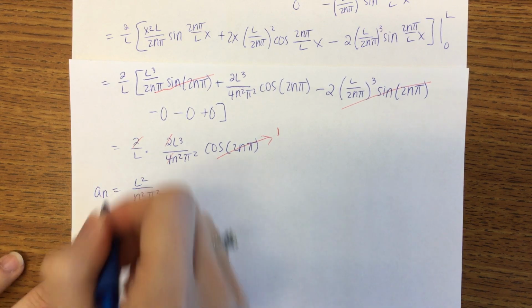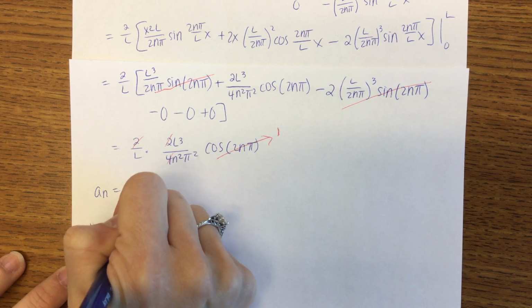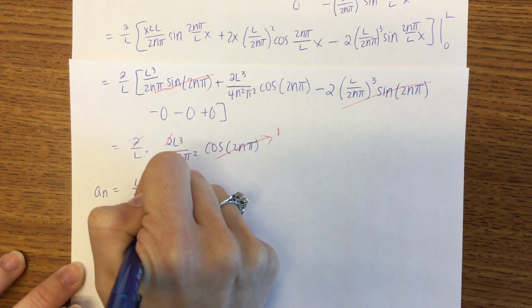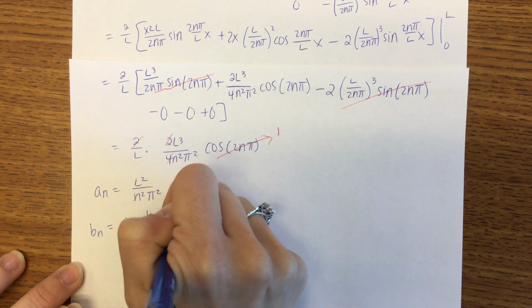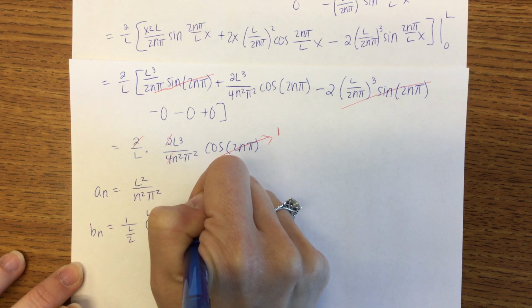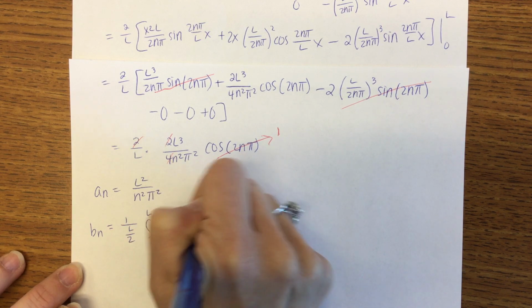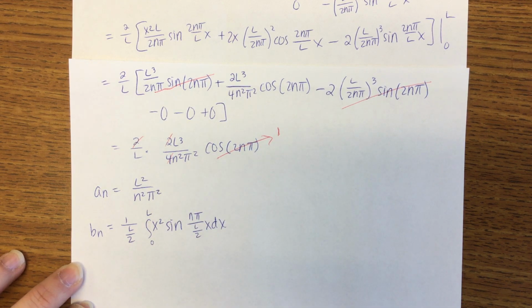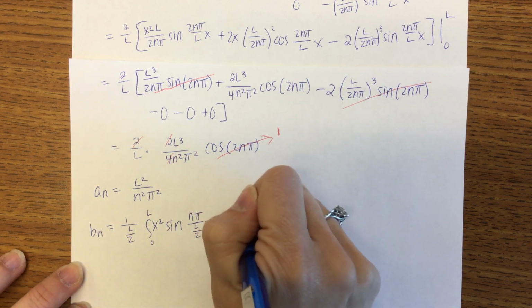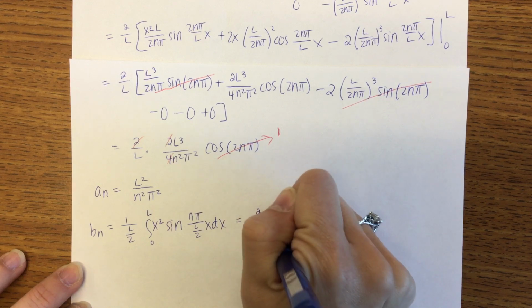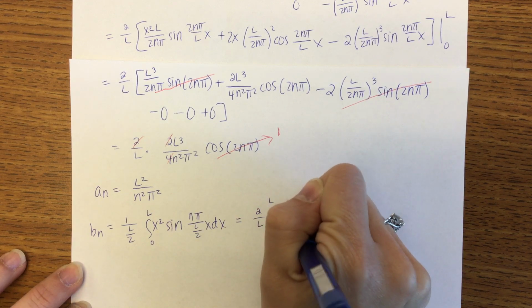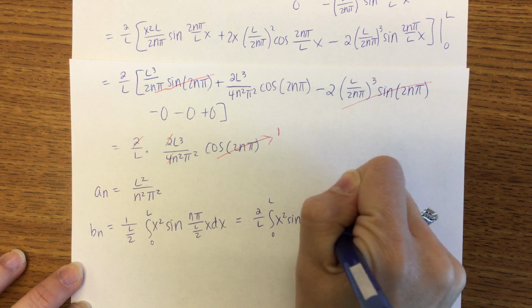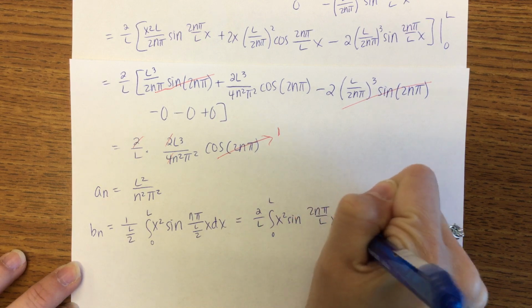Okay, b of n, 1 over p, so 1 over L over 2, integrating from 0 to L, x squared sine of n pi over p, x dx. So again, this becomes 2 over L, the integral from 0 to L of x squared sine 2n pi over L x dx.